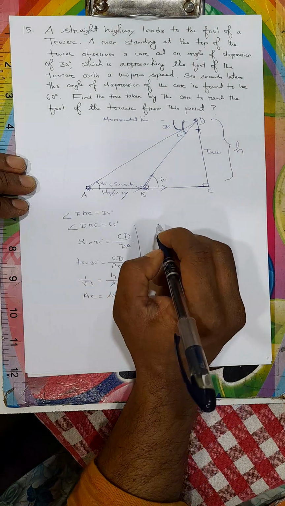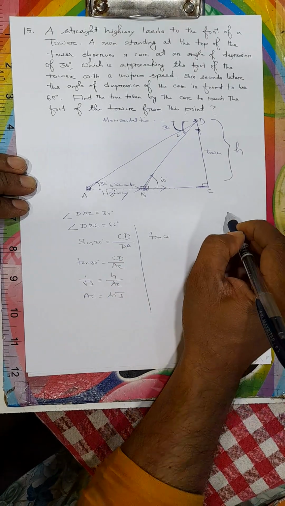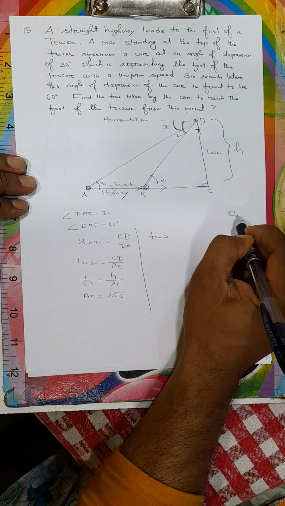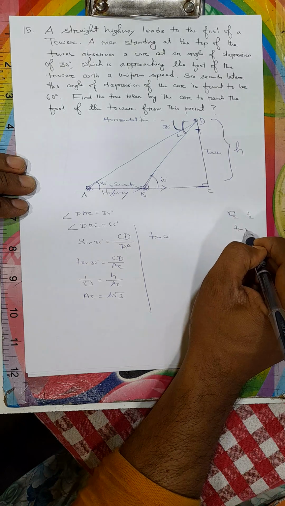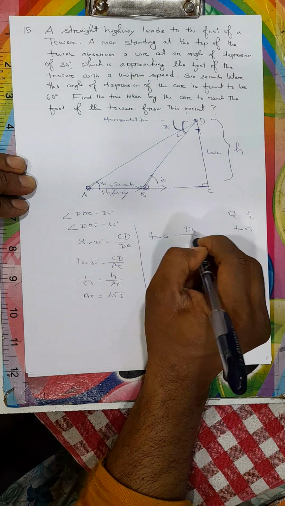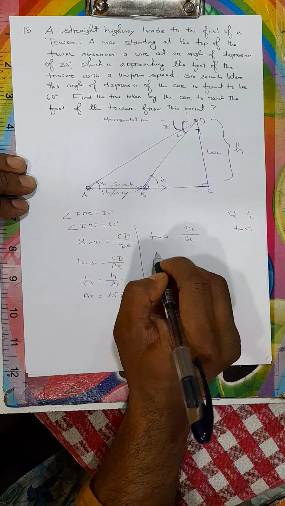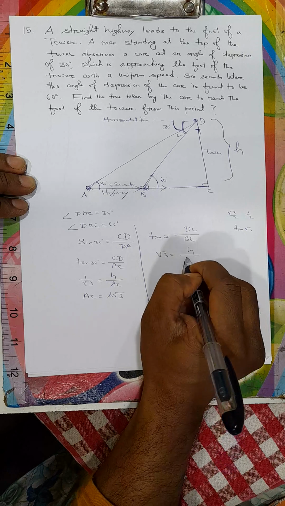Then you find tan 60 degrees. You remember sine 60 degrees is root 3 by 2, cos 60 degrees is half. So tan 60 degrees is equal to root 3. Tan 60 degrees equals here DC by BC. So it is root 3, DC means h, by BC.